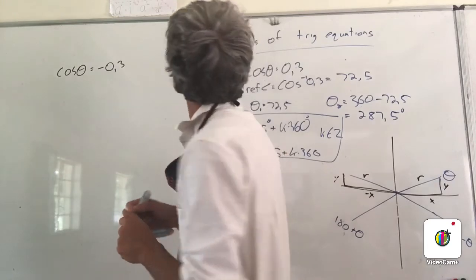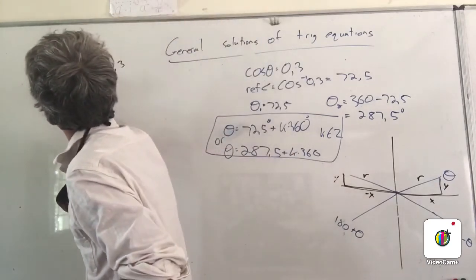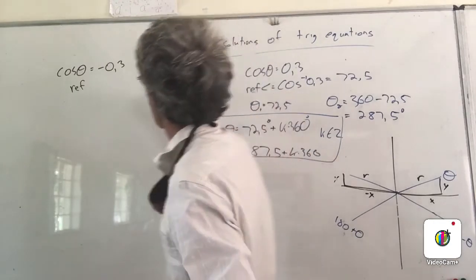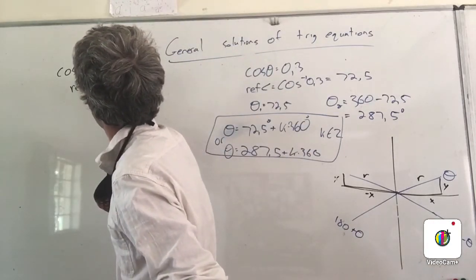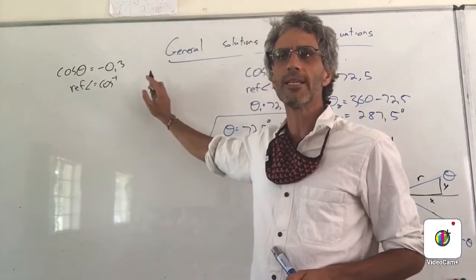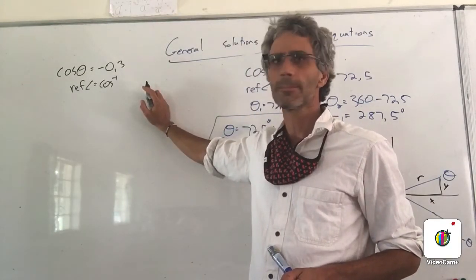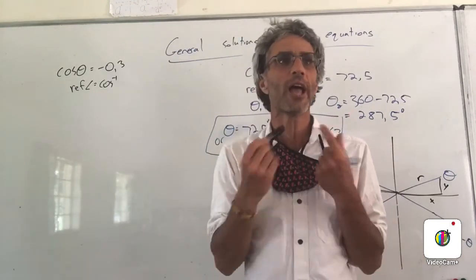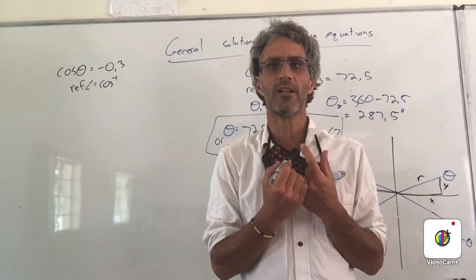Okay? And the way to do it is, again, first of all, to find the reference angle. And just like I had here, the reference angle will be equal to cosine inverse. What do I put here now? The reference angle is not actually the theta that I'm looking for.